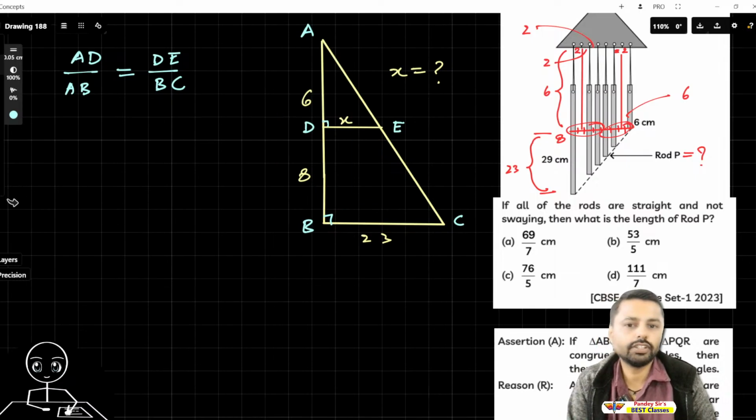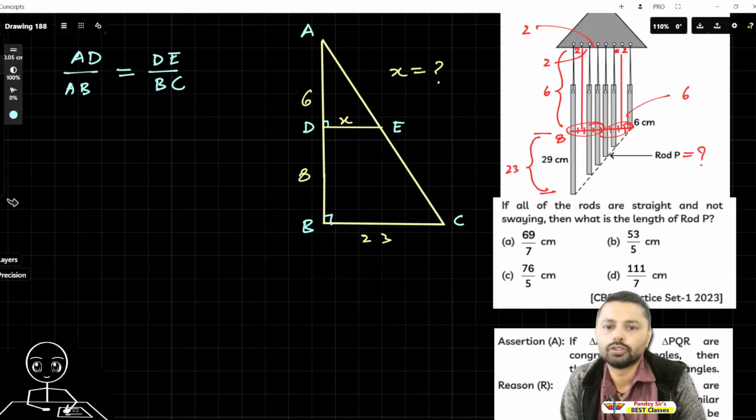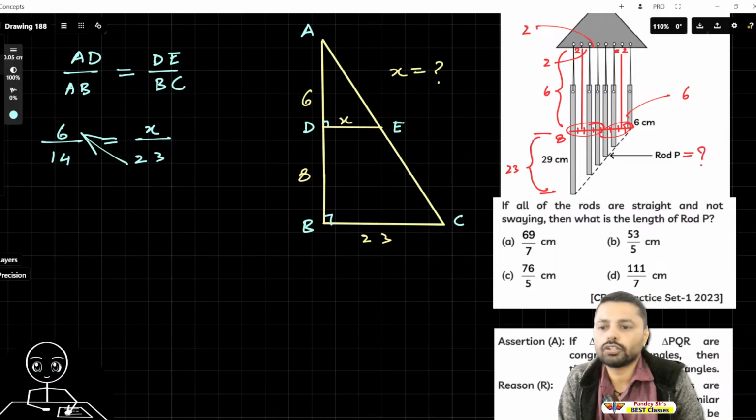AB we can get just by adding 6 and 8. So AD is 6, AB should be 14, DE is x that we don't have currently and we'll find out, and 23. Okay, now cross multiplication, 6 into 23 by 14 equal to x.